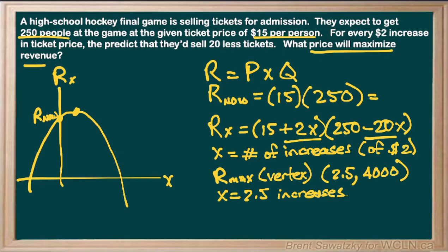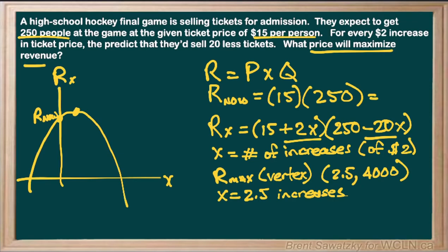Now, being organized means that you're not one of those people who just writes down, oh, the answer must be 2.5. 2.5 what? $2.50? Are you saying the price of the ticket will be $2.50? It was originally $15. This is where you stop and say that does not make sense.